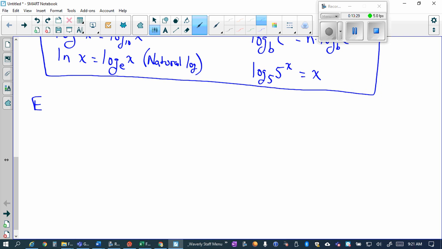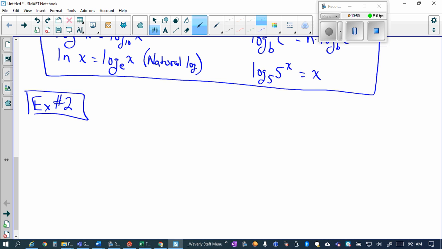There are 2 ways to solve logarithms. For each of these, I'm going to show you both, and you can pick either way you like. I'm going to reverse this, because I like to write it the other way, with my variable on the left.